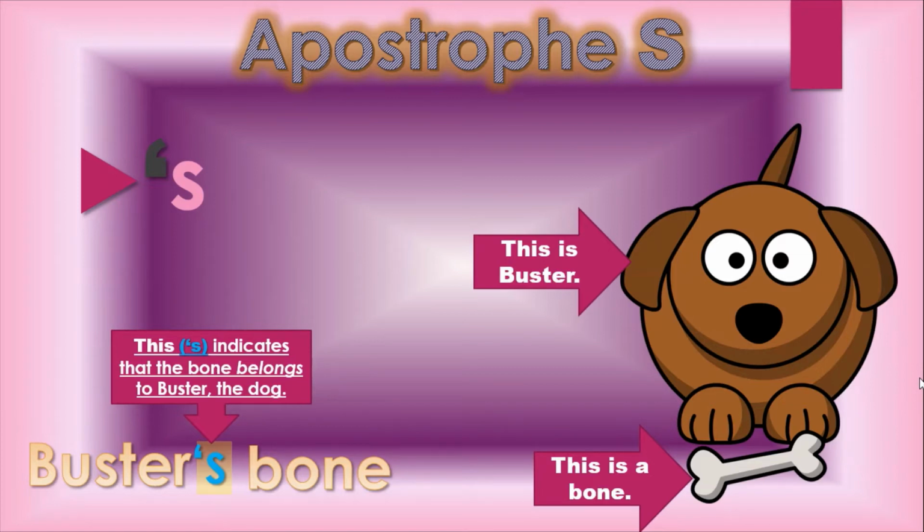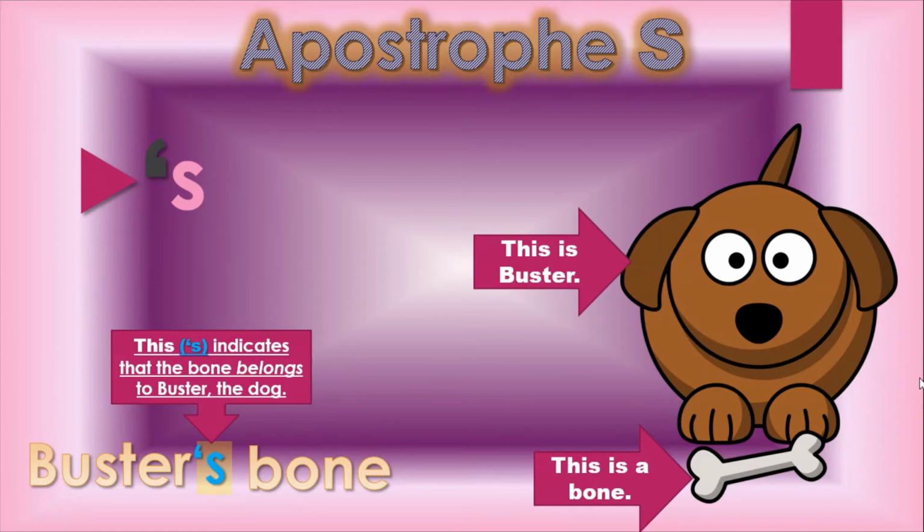That's right. Isn't he cute? I think he's really cute. So remember, friends, whenever we're making possessive nouns with a singular noun, we need to add what? Yes, we need to add apostrophe S.